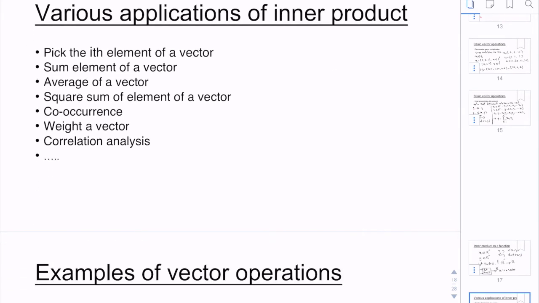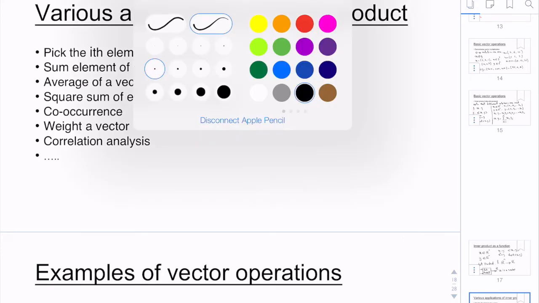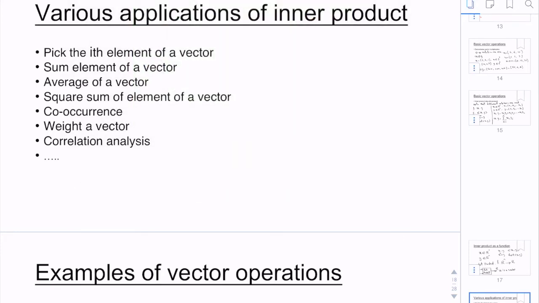As I said, there are tons of applications for the dot product. I'll give you a couple of them that you're going to use at least in very advanced data science, in particular when you're working with documents and words in natural language processing.